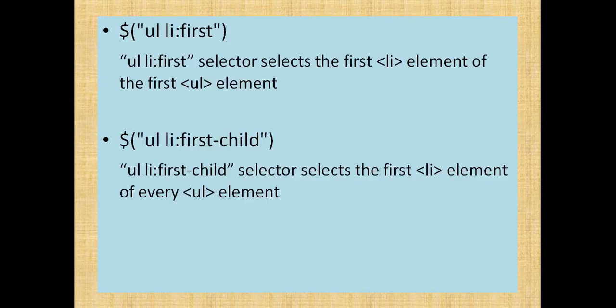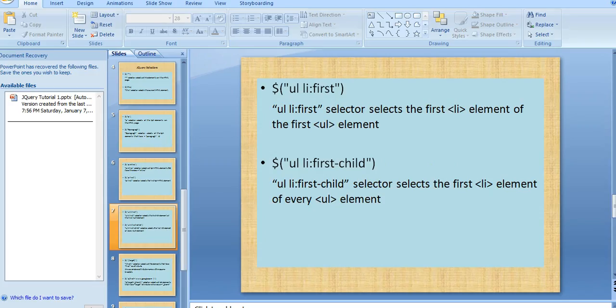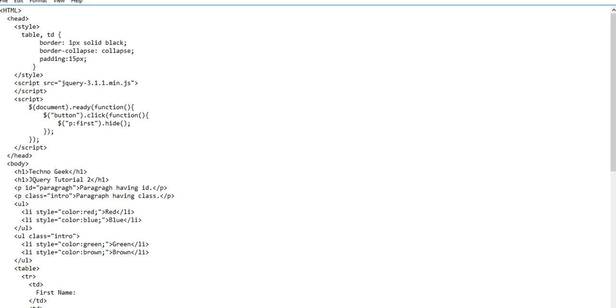The next one is these are the selectors that are used in combination to select elements. Suppose I have a ul, then the li, then the first.